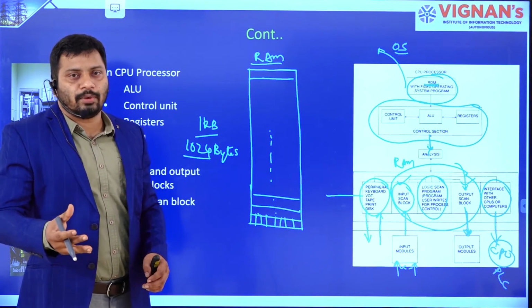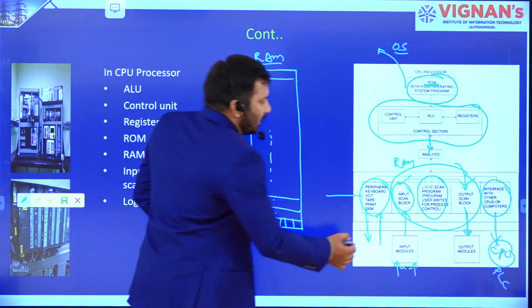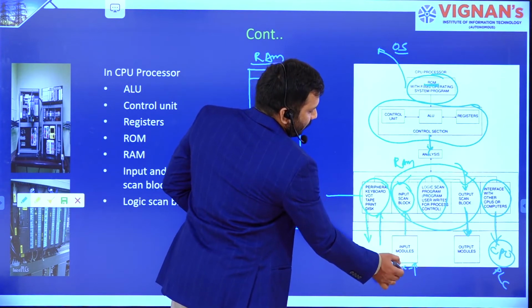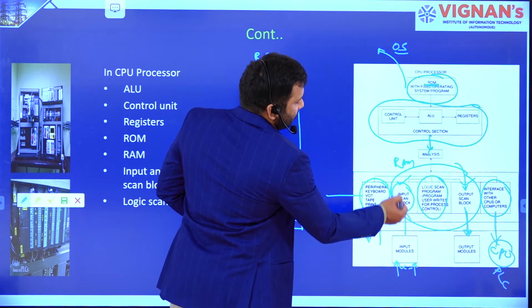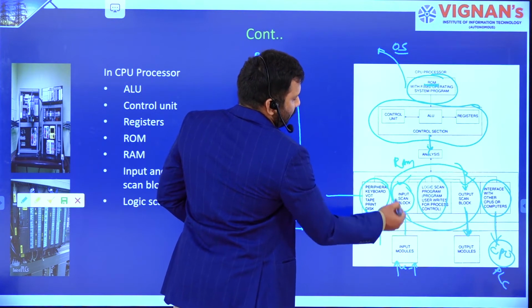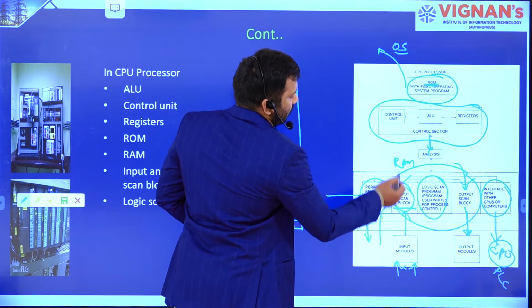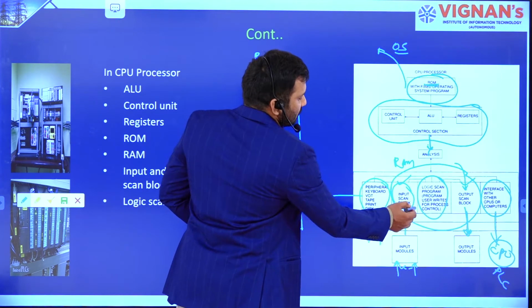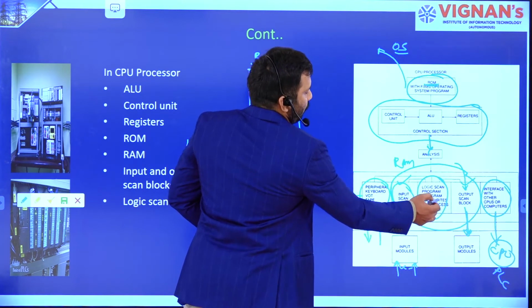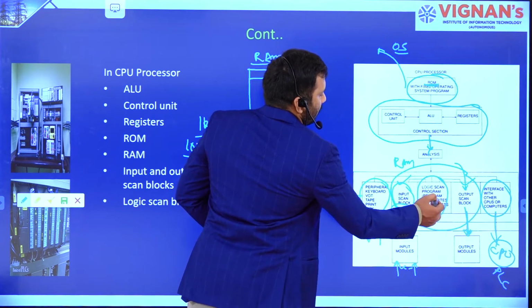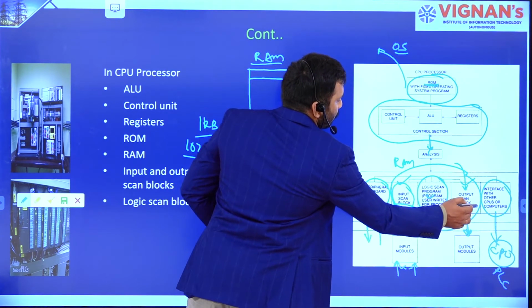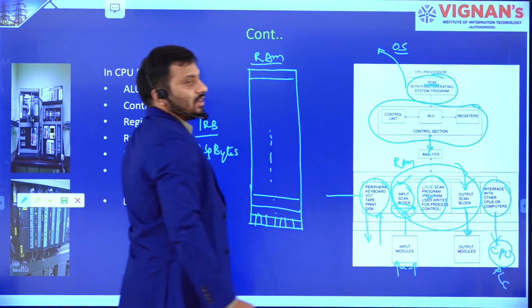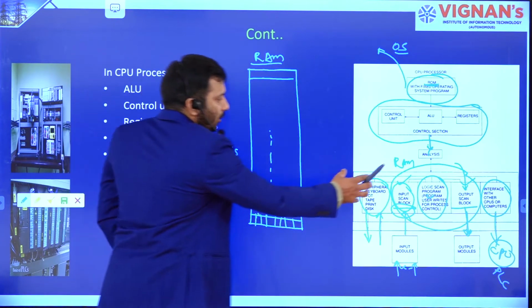For example, when data comes through the input module, it is stored here. On this data the program is executed and you get some output. That output is copied here in the output scan block. So overall, this is all the RAM.